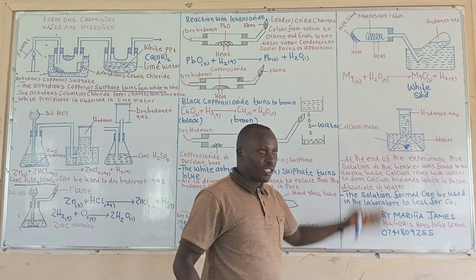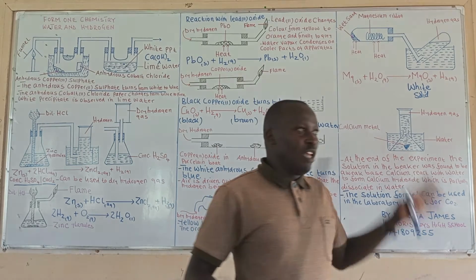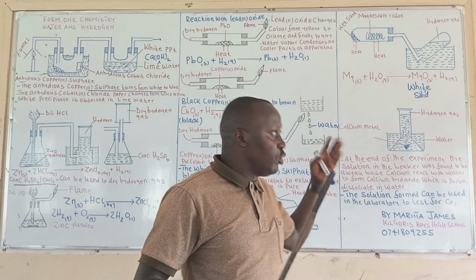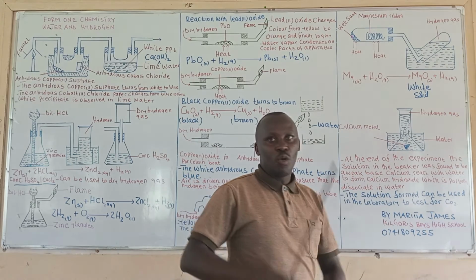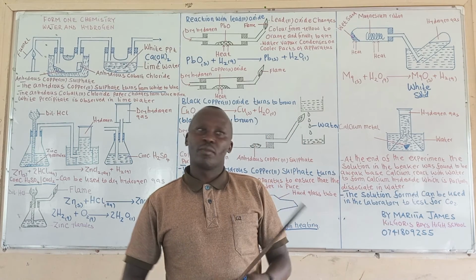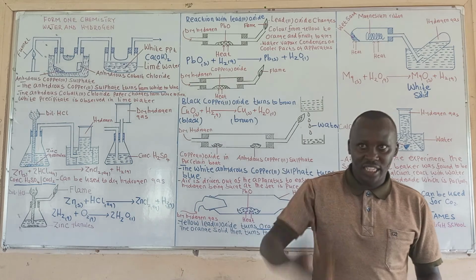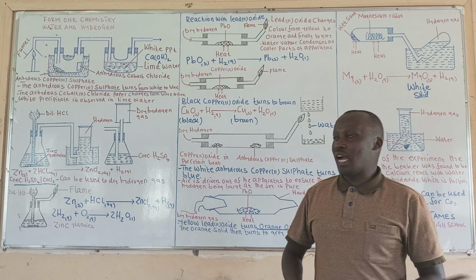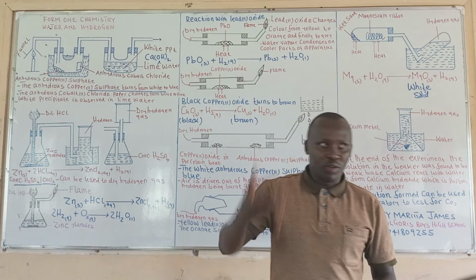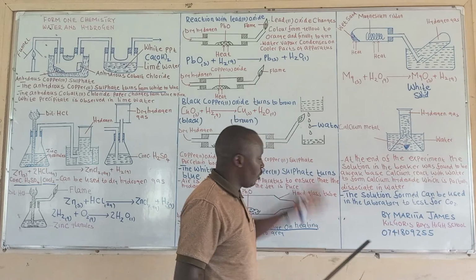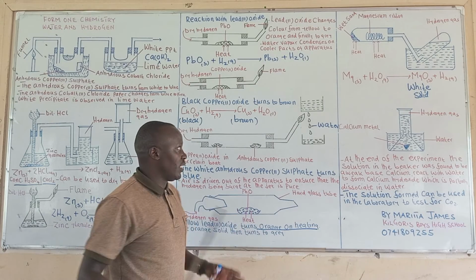If you are required to give a usage of this solution formed, which is calcium hydroxide: calcium hydroxide is normally used in the lab for the confirmatory test for carbon dioxide gas, whereby it reacts with the carbon dioxide gas and forms a white precipitate.